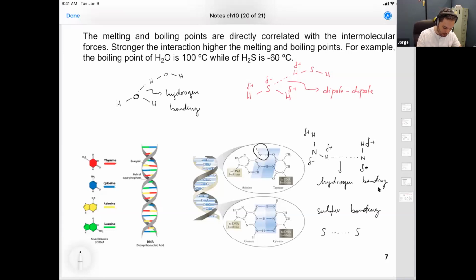The chemical treatment will split the sulfur bonds apart, and then you straighten the hair and redo the sulfur bonding in a way that your hair gets straightened. And that is also an intermolecular interaction.